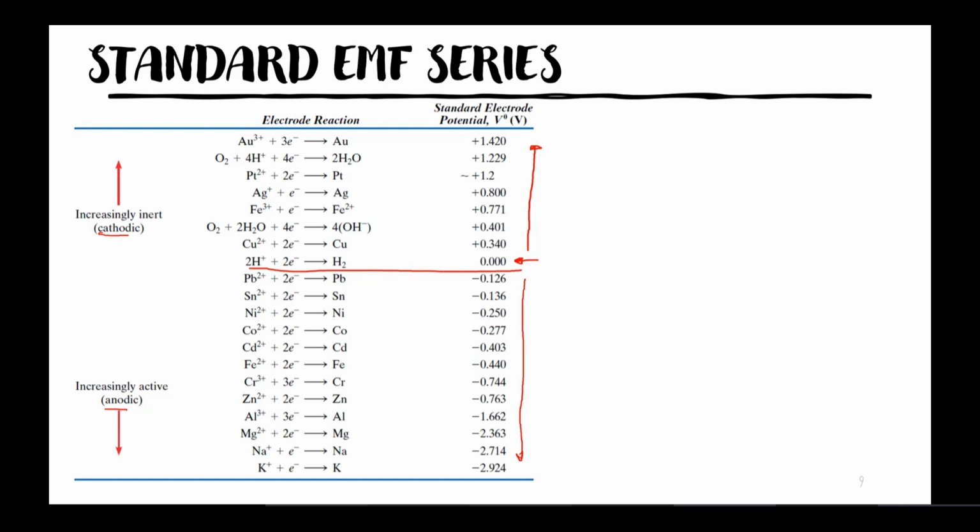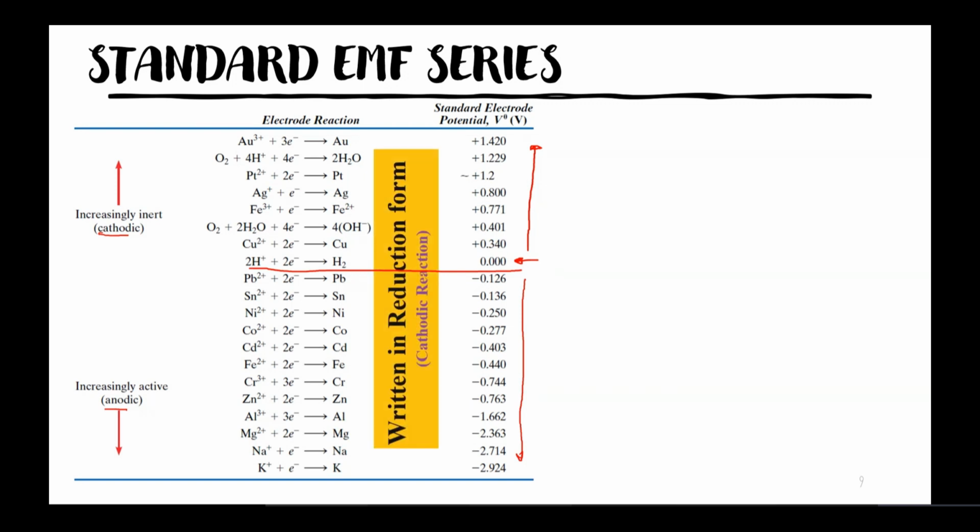Now we have developed this EMF series, and remember that we have written every reaction in the cathodic form, taking up electrons, a reduction reaction consuming the electrons. So we have written all the reactions in the reduction form.